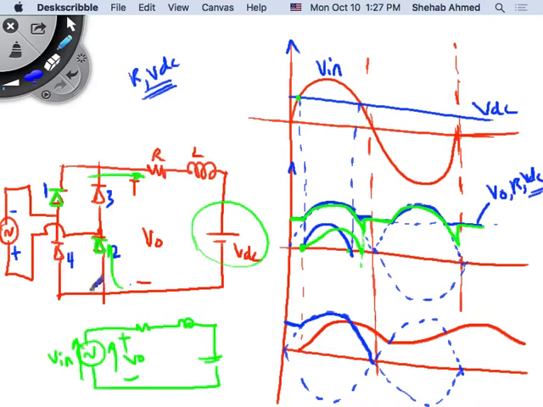If you flip the polarity, 4 finds it easy to conduct, and 3 finds it easy to conduct. 4 finds it easy to conduct because this is the most positive voltage in the circuit. So 2 will block because you're putting a positive voltage here. 2 does not like to conduct, being opposed by a big positive voltage here.